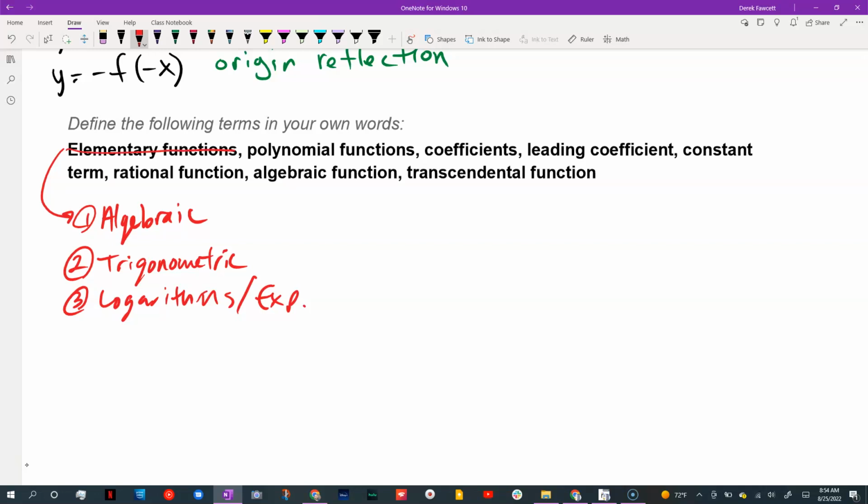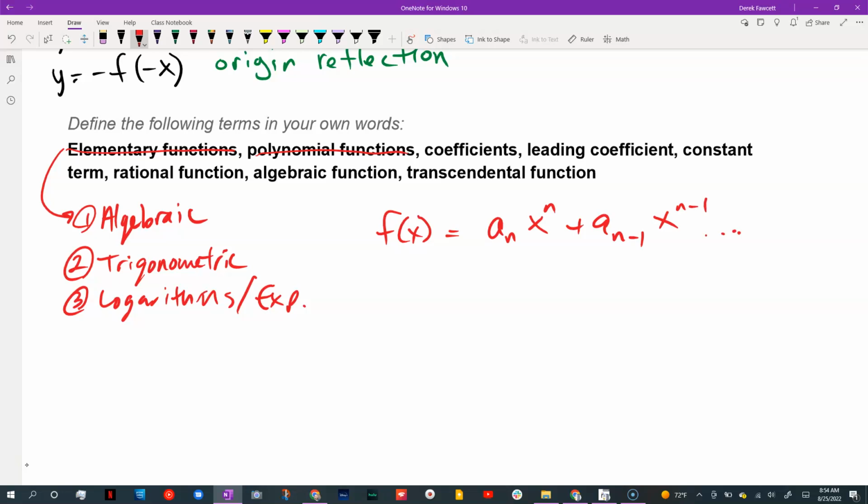Polynomial functions, that's an algebraic. That is the most common algebraic function. So polynomial functions, those are the most common algebraic functions. And then all parts of your polynomial functions, you have the coefficients, leading coefficients. So if we write just a basic polynomial function, it would be a sub n times x to the n plus a sub n minus 1 times x to the n minus 1 and so forth, right?